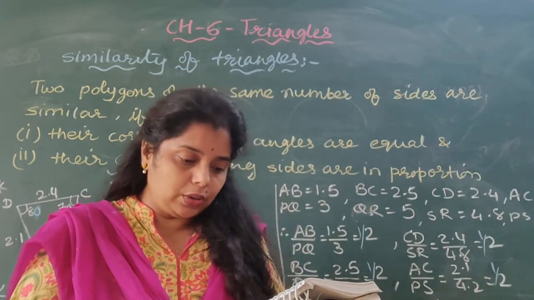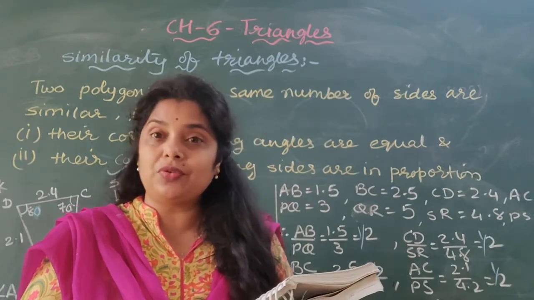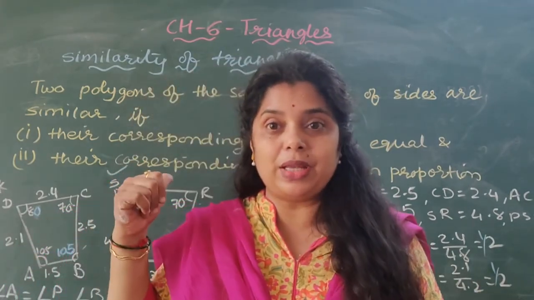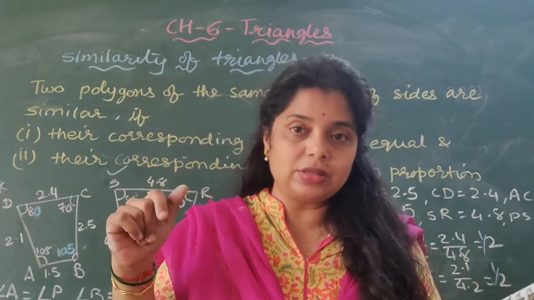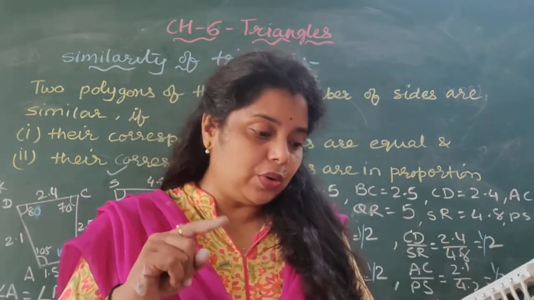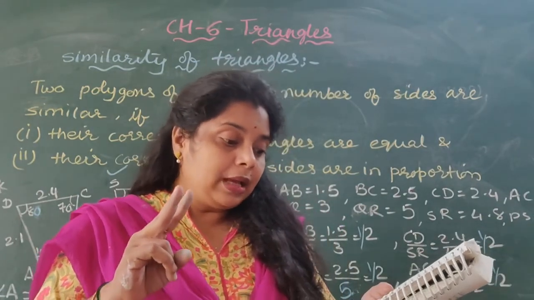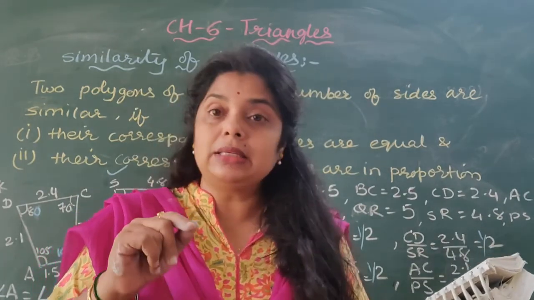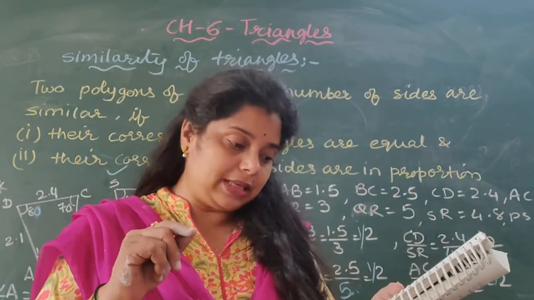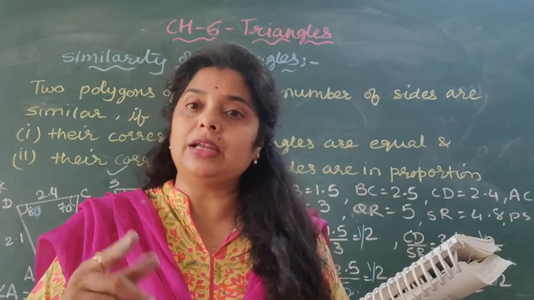State whether the following quadrilaterals are similar or not. Now it is easy for you, as I already explained how to get the answer. Okay, as you see, two quadrilaterals PQRS and ABCD are given. By seeing the lengths of the sides, we can say that the corresponding sides are in proportion.